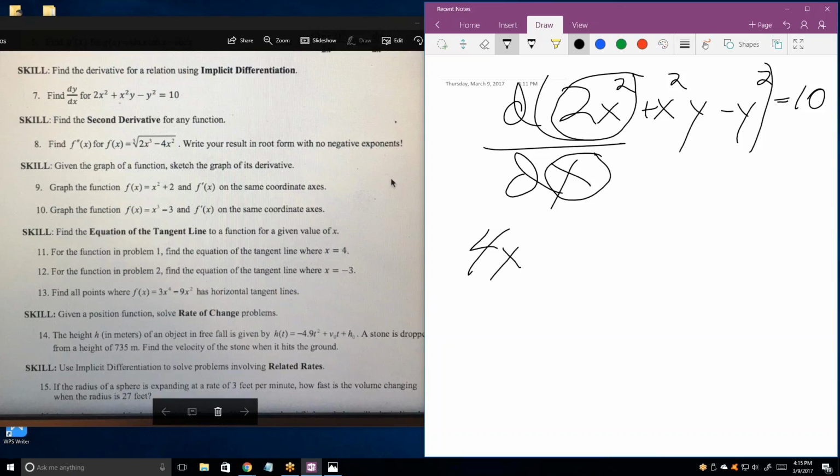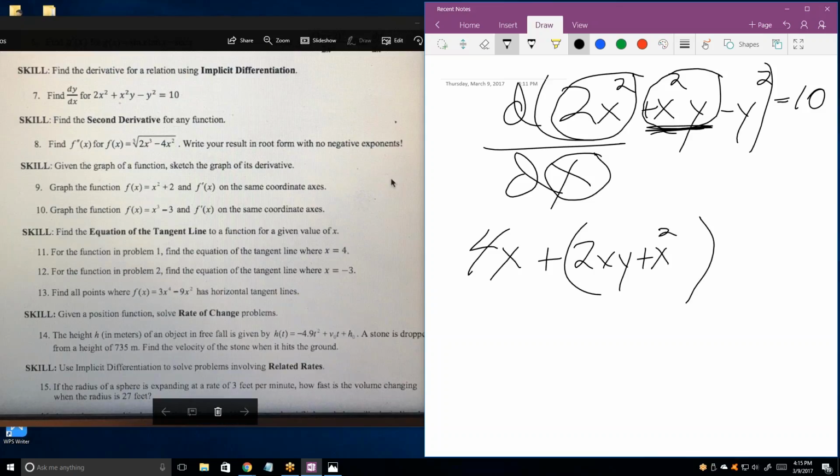Now, I got multiplication going on there, so I'm going to have to use the product rule. So let me put parentheses around it. Now, take the derivative of that. That would be 2x times y plus x squared times dy dx.